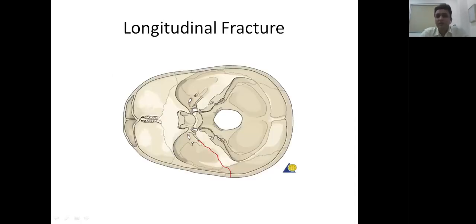Now, the facial nerve can be damaged by fractures. Which fractures? When there is a head injury, there could be a fracture of the temporal bone. If the fracture line is parallel to the long axis of the petrous part of the temporal bone, it is called a longitudinal fracture.